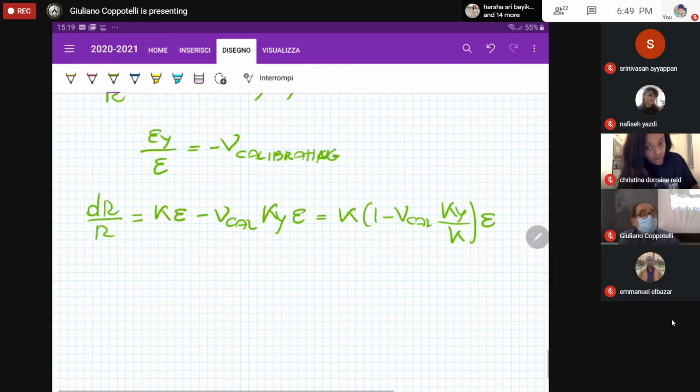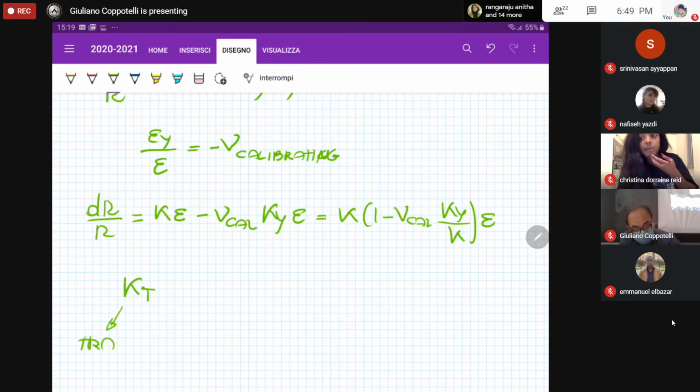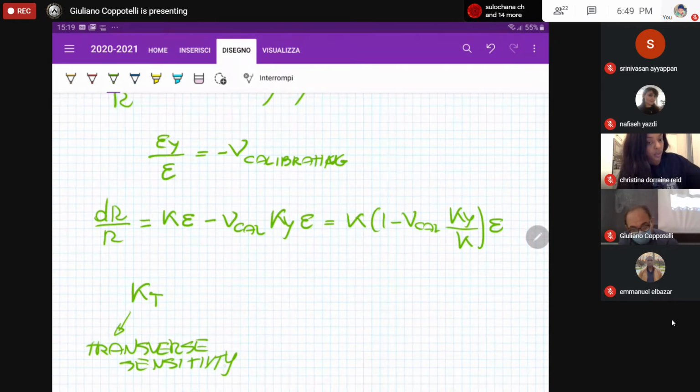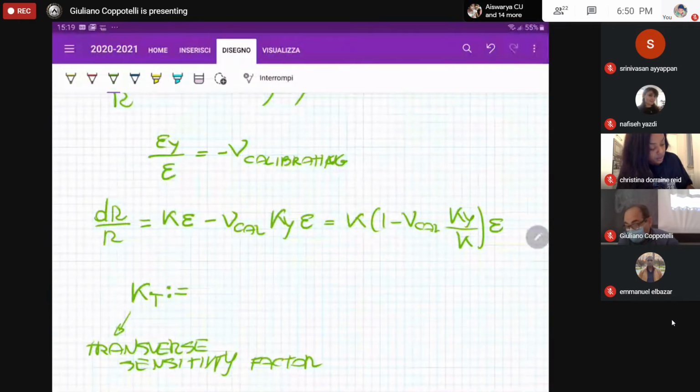Now it is defined the transverse sensitivity factor Kt, the ratio between the two strain gauge factors, so Ky over K.